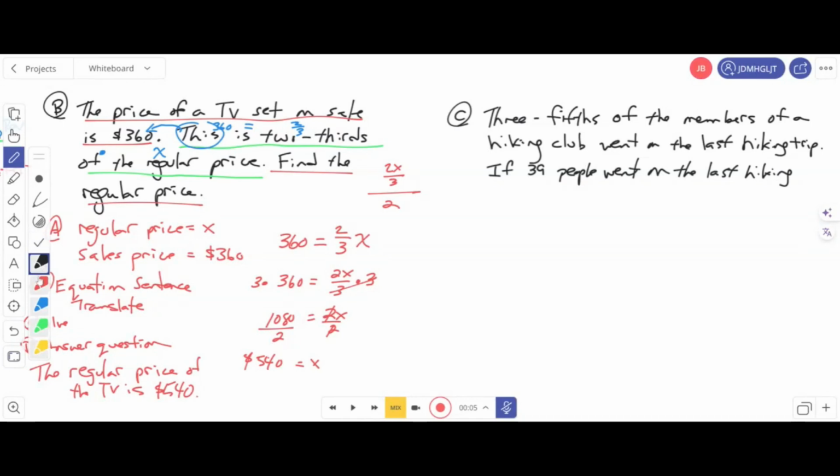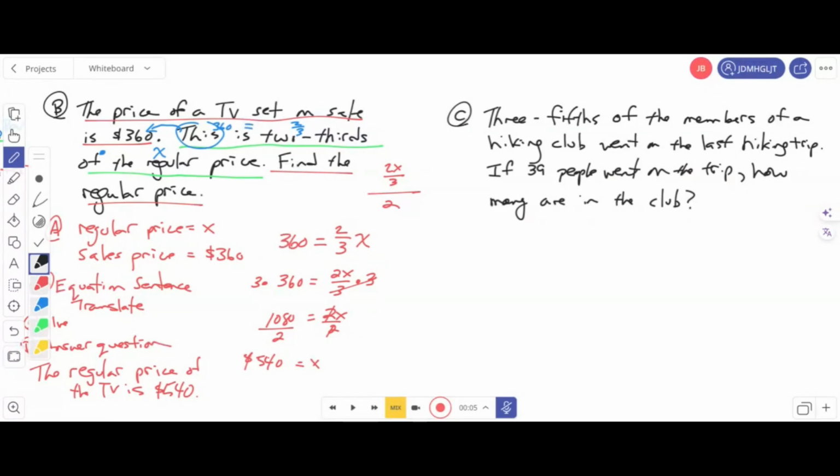Well, it says went on the trip, so how many are in the club? 3/5 of the members of a hiking club went on the last hiking trip.